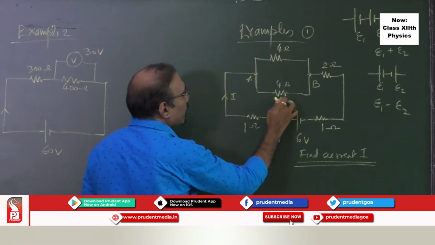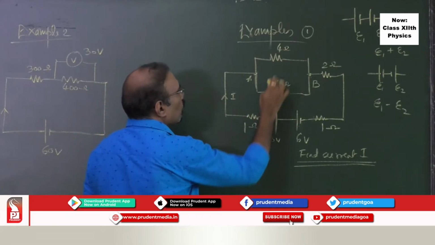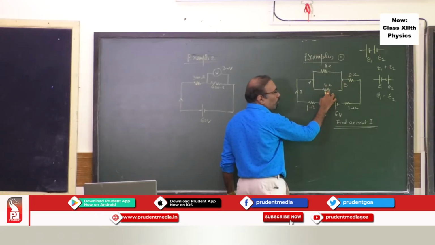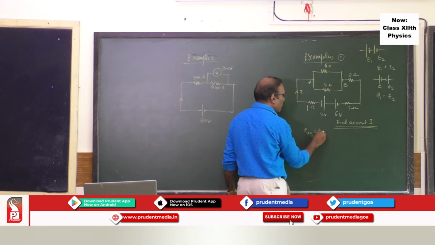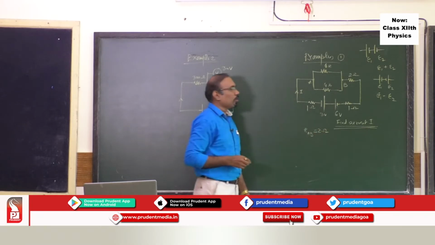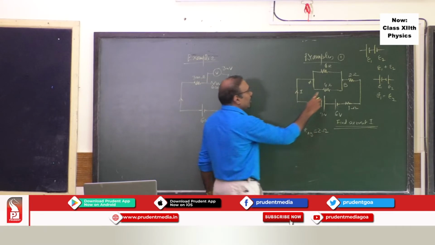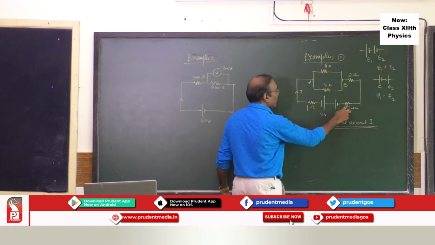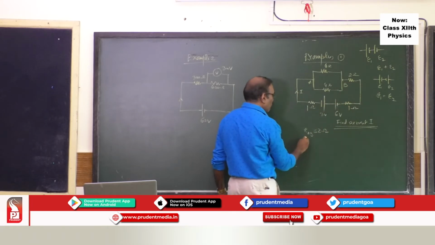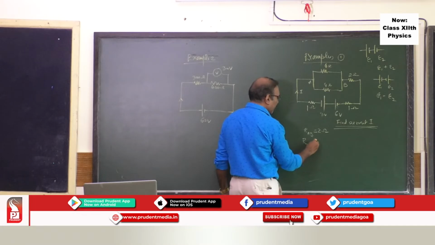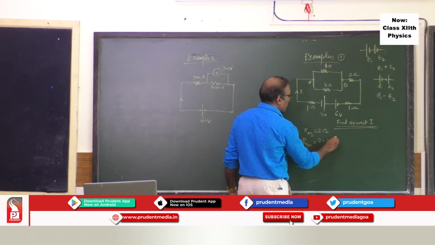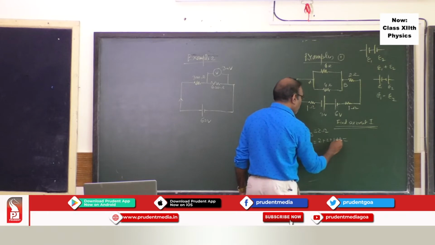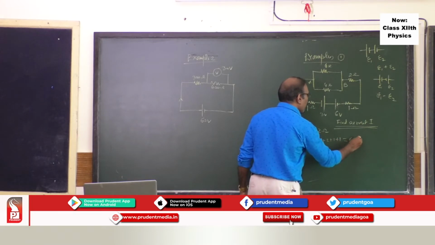This is 4 ohm, this is 4 ohm, in parallel. So 1 by 4 plus 1 by 4 is 2 by 4, reciprocal that will be 4 by 2, and you will get resistance across AB as 2 ohm. This resistance is 2 ohm, this resistance is 1 ohm. Total resistance in the circuit will be equal to 2 plus 1 altogether 6 ohm.